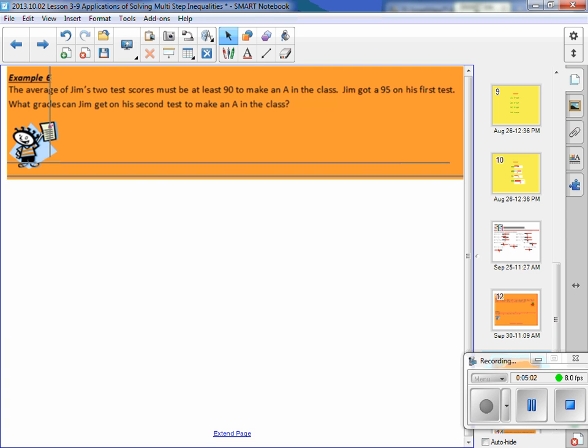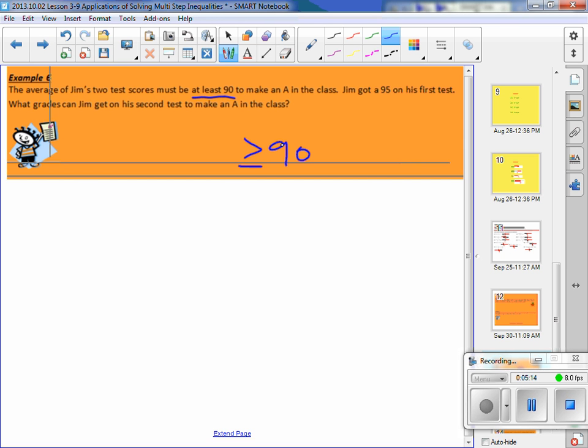Okay, why do you think greater than or equal to, Mackenzie? 90 or above. So at least a 90 would indicate greater than or equal to 90. All right. The average has to be at least a 90. He got a 95 on the first one.